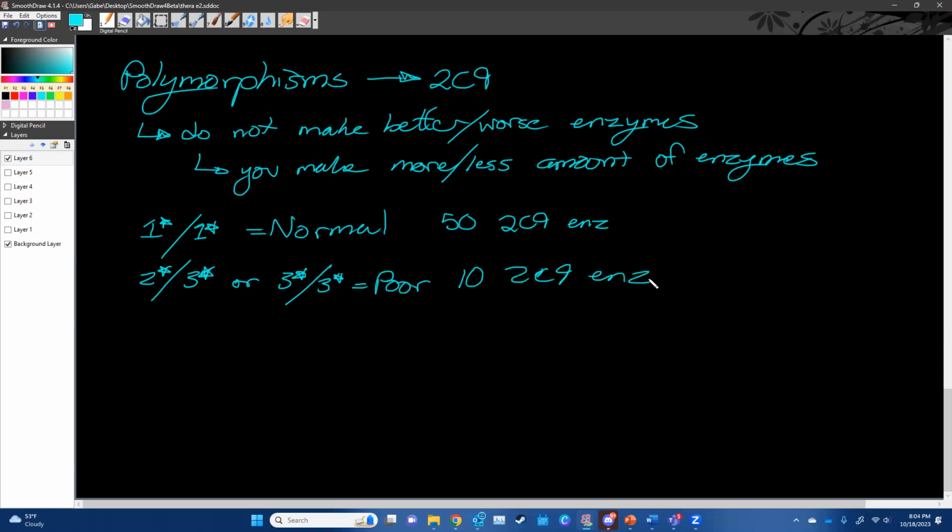Or 25, as long as it's less. If you have retained at least one copy of the 1-star, or you're homozygous for the 2 stars, you are an intermediate metabolizer. So something like 25 2C9 enzymes.